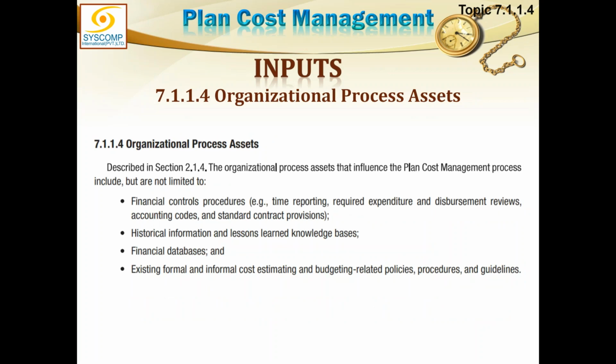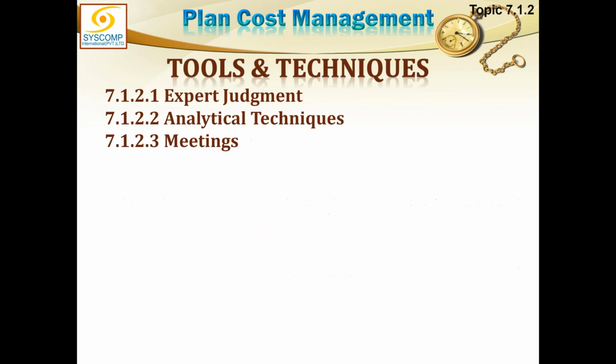In organizational process assets, we may be interested in financial control procedures, which are given in our policies, in our project management system. Any historical information or lessons learned, knowledge bases or archives or databases. Financial databases may be consulted, and any existing formal or informal cost estimation and budgeting related policies, procedures, and guidelines. This all is to be included in the cost management plan.